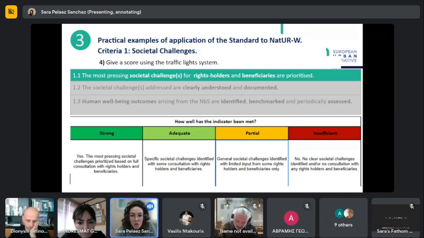So I can give you my score. It will be adequate for this indicator.